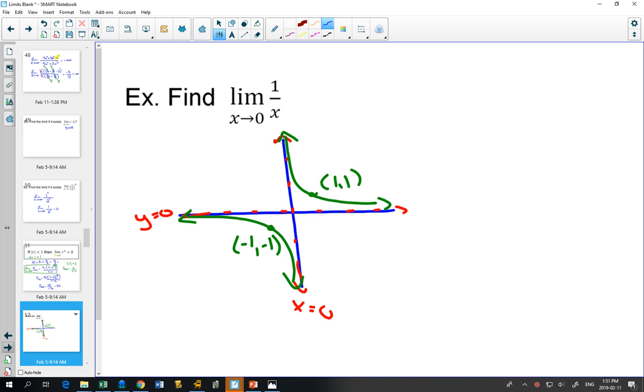And if you go from the left and if you go from the right, as you get closer to 0, one side goes to infinity, one side goes to negative infinity. Since the left and the right are not the same, we would say this does not exist.